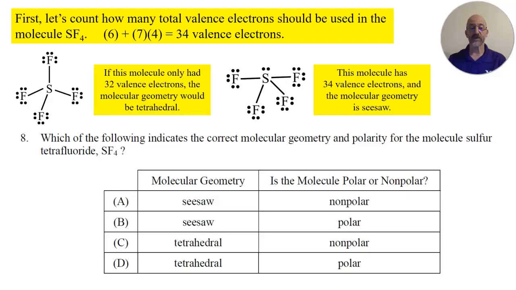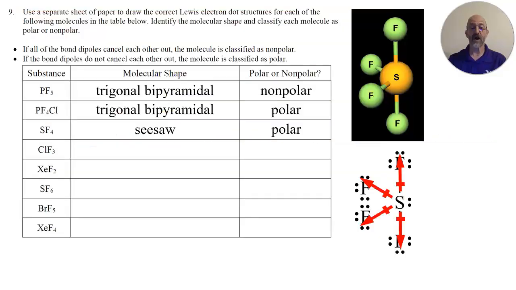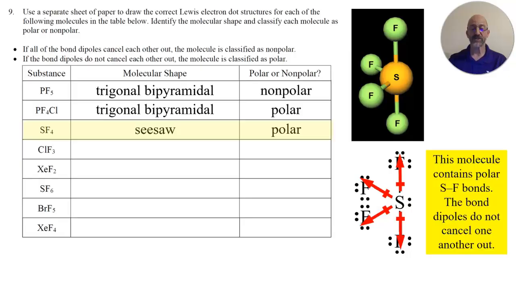Now, in my video for topic 2.7, I talked about the polarity of molecules. And what I said was that if all of the bond dipoles in the molecule cancel each other out, then the molecule is classified as nonpolar. On the other hand, if the bond dipoles in the molecule do not cancel each other out, the molecule is classified as polar. And that's what's happening with seesaw geometry.